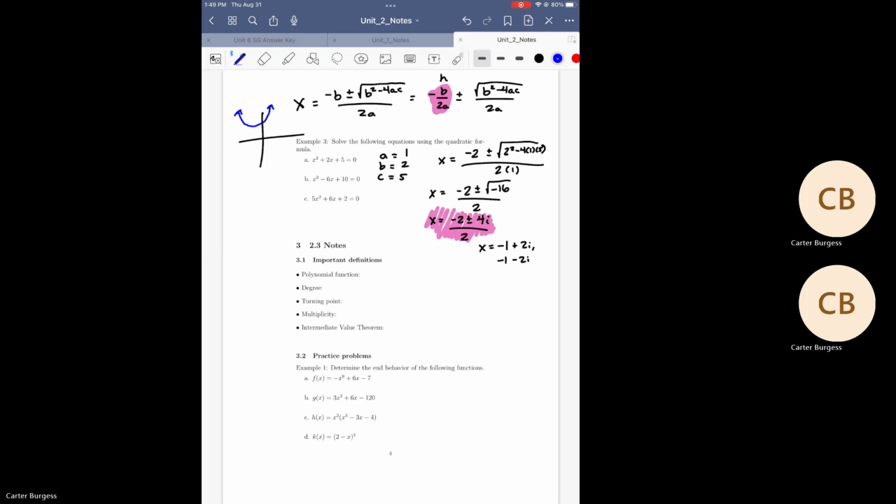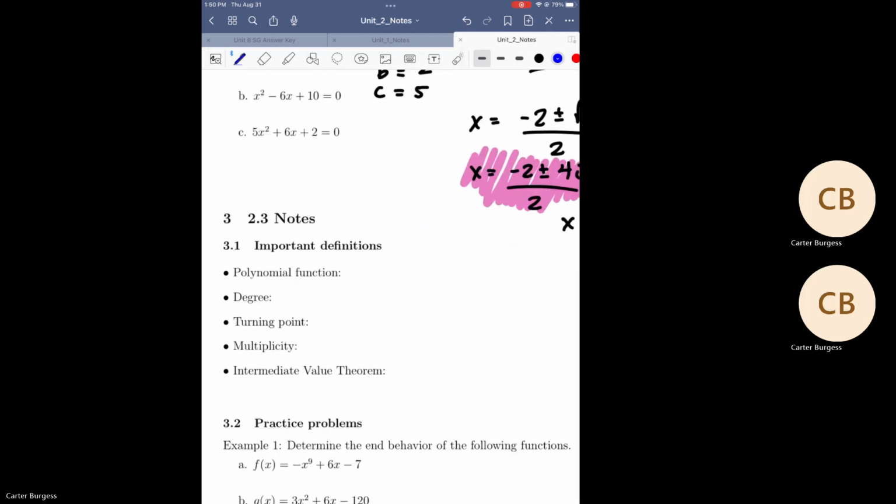Okay, quadratics are a very specific version of what we are actually going to be focusing on during the rest of Unit 2, or at least for the most part, the rest of Unit 2, and that is the polynomial function.